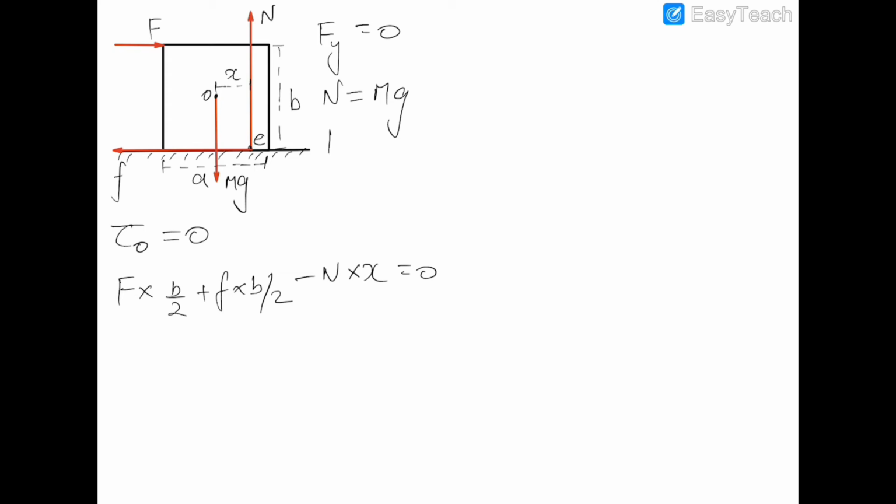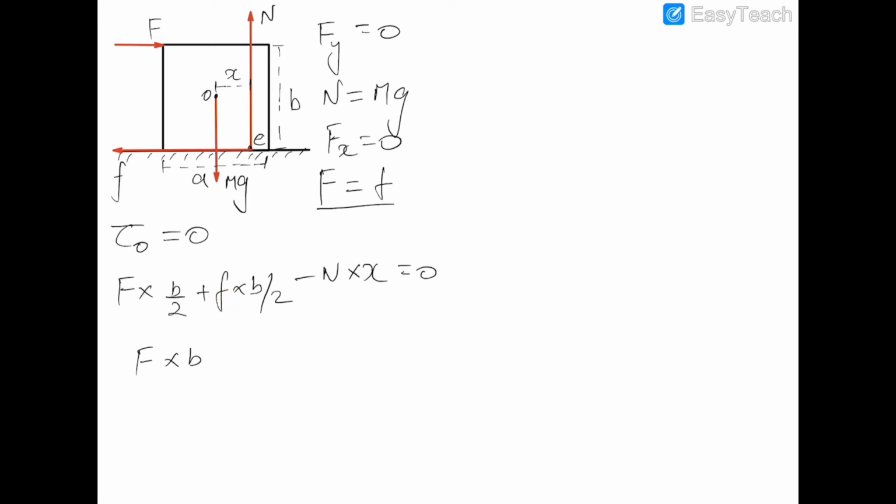Now obviously the force acting on the block in the x-axis is also 0. So the force F acting in the forward direction is equal to the friction f acting in the reverse direction. So this is the equation, and hence I can substitute this value. So if F is equal to f, this would be F into b by 2, and this is f into b by 2.